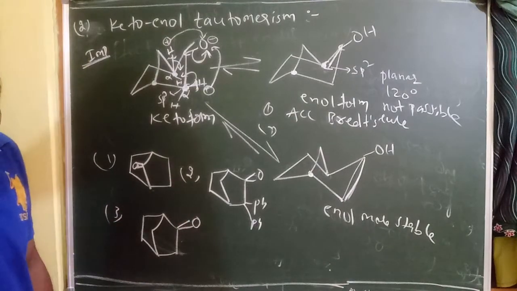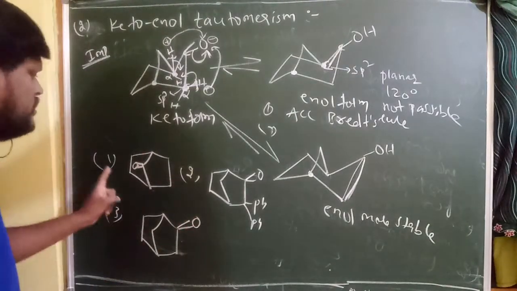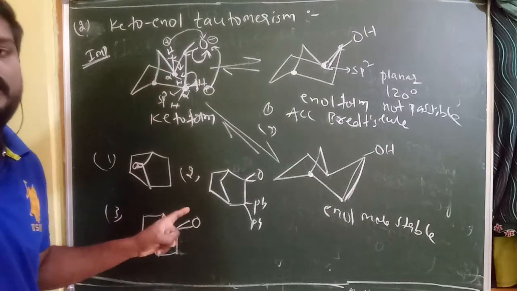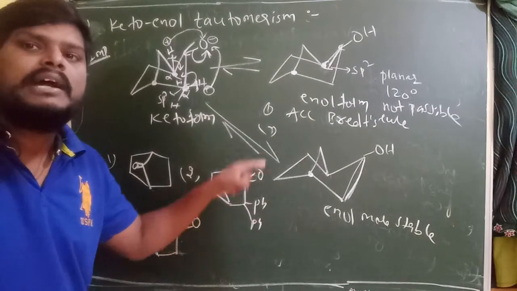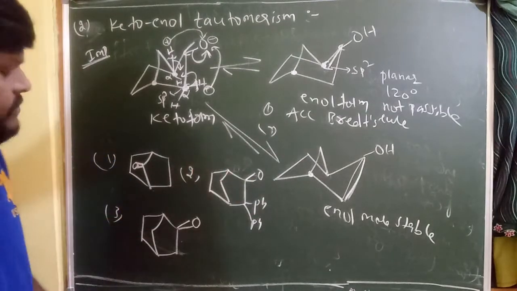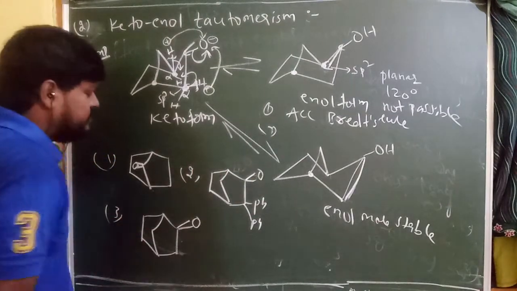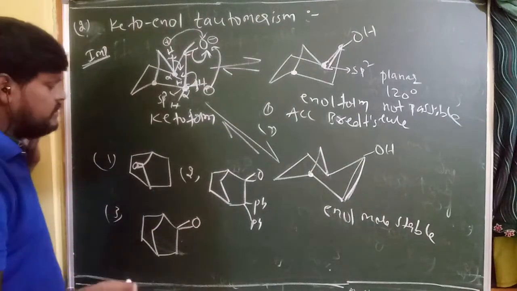We have three options. Among these, first, second and third, which one will be involved in tautomerism? That is our question.